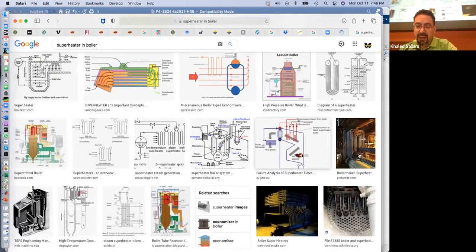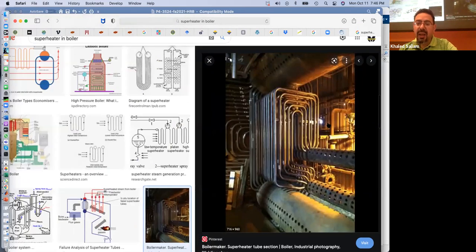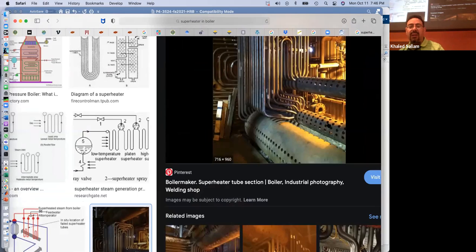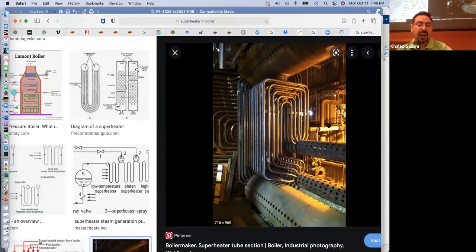Or this is an even better picture. I had a friend that worked for BSO and he showed me a superheater after so many years of operation. I think I have those pictures, I'll send them to you. The pipes, rather than straight, kind of sag because of the heating, you know, thermal creep over a long time.